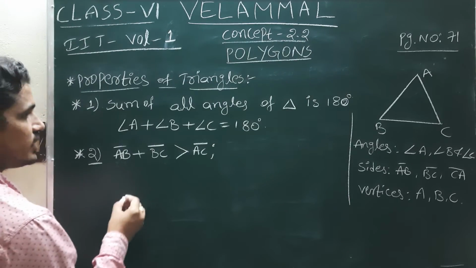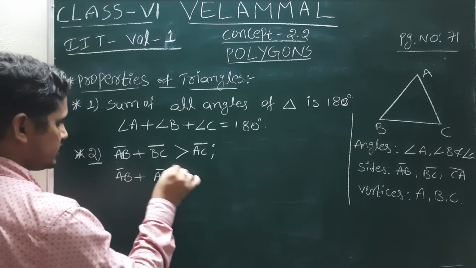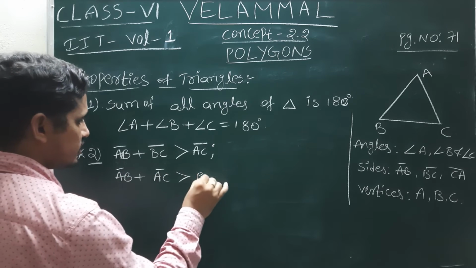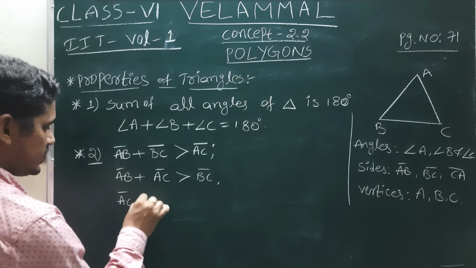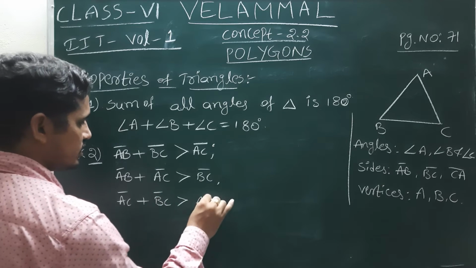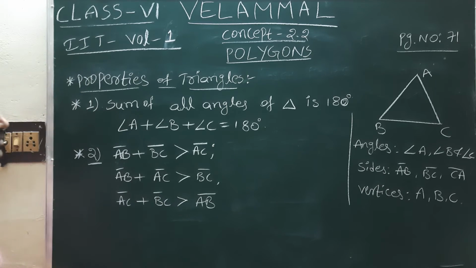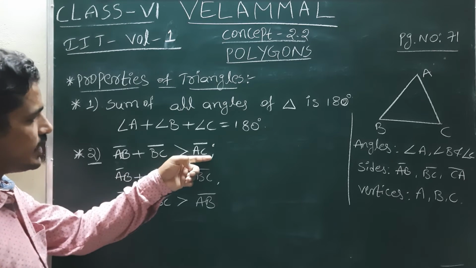Next, AB plus AC must be greater than BC, or else AC plus BC must be greater than AB. Understood? AB plus BC must be greater than AC.